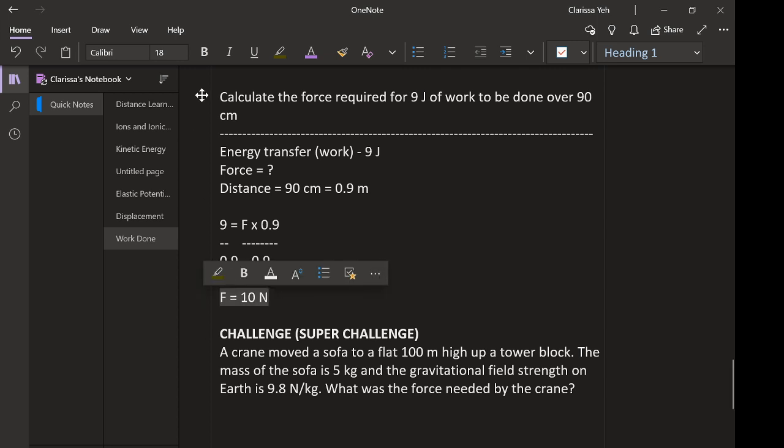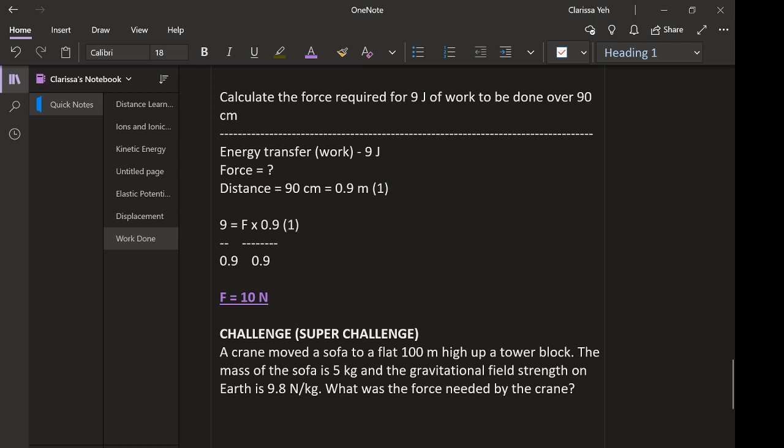So for the first one, you should have gotten force is equal to 10 newtons. The tricky bit from that one was remembering to make sure you convert the centimeters to regular meters. That would have been a mark on its own as well. So this bit is a mark. If you forgot to do that, you would have still gotten follow through. You would just have lost a mark for forgetting to convert.